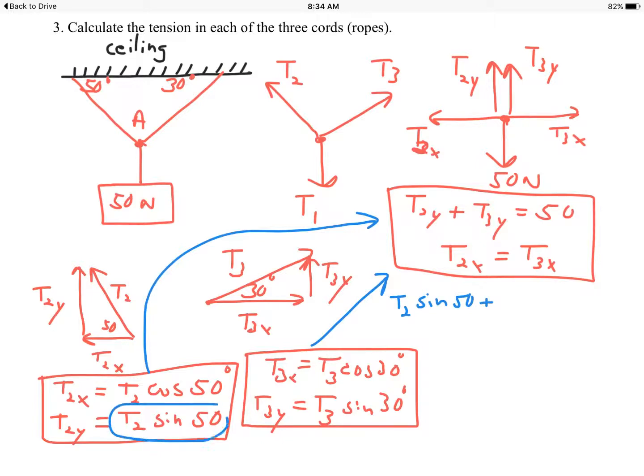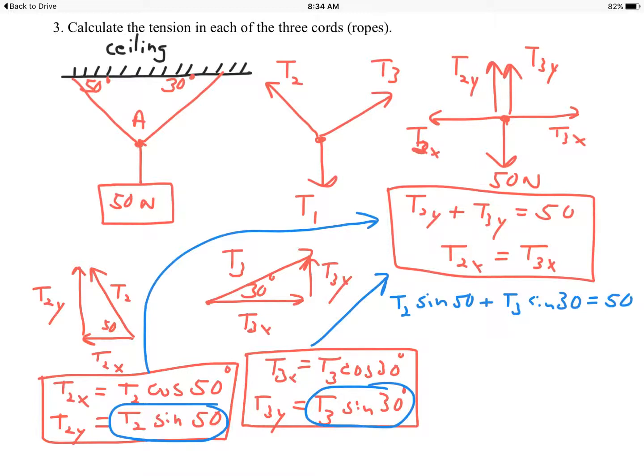I'll circle it in blue, way down here on the left, because T2y is T2 sine 50. That's what I subbed in right there. And T3y, I'll sub this in right now, is T3 sine 30. So plus T sub 3 sine 30 equals 50.